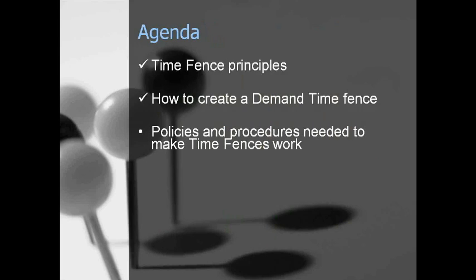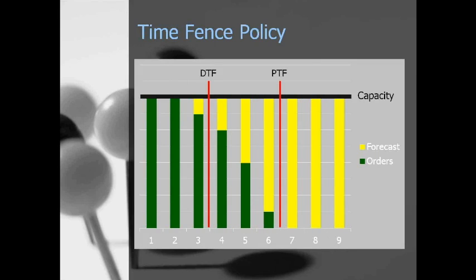Okay. Now, the next thing we're going into is once you have those demand and planning time fences established, now we need to create the policies and procedures to make them work. Back to this slide again. Now, we've created a schedule.